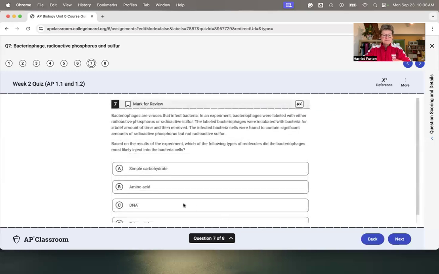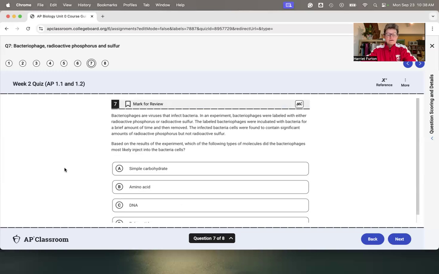Number 7. Now, this is again about macromolecules and bacteriophage. The bacteriophage, it tells you, is a virus that infects bacteria.